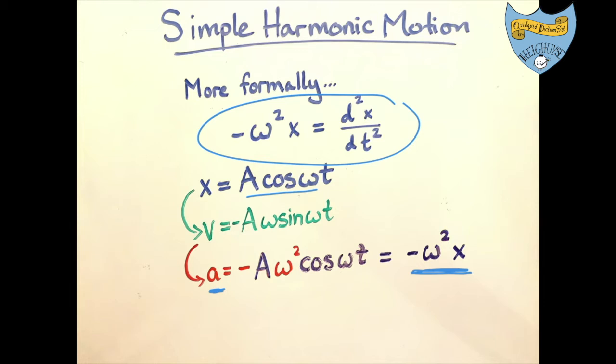All right, now, what is omega? Well, what omega is depends very strongly on the type of simple harmonic motion that you are seeing. Omega is referred to as the angular frequency, not to be confused, of course, with angular velocity. But it's the same symbol for reasons that will become very clear in a little bit.